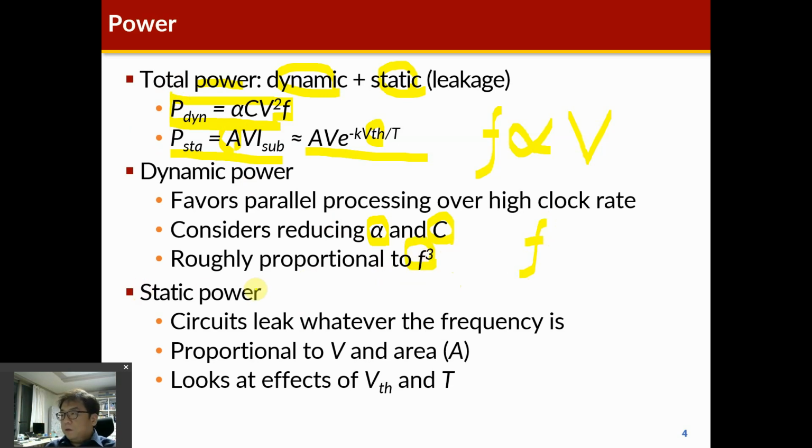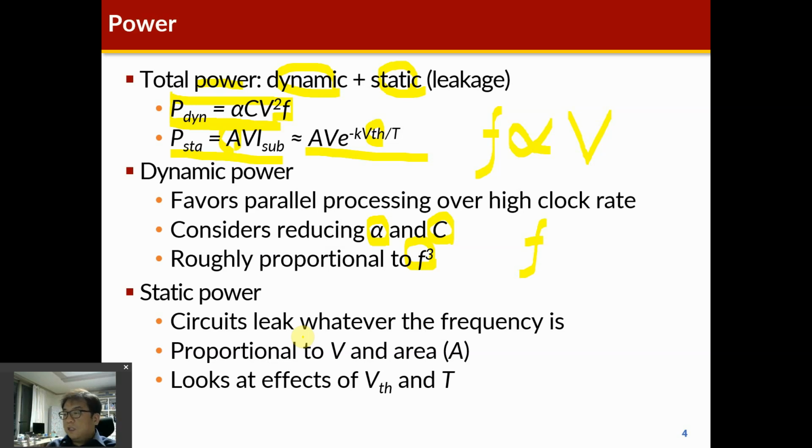And then static power. Static power is not related to the clock frequency because static power is just leakage power from VDD to the ground of a CMOS circuit. This leakage current always flows from VDD to the ground.